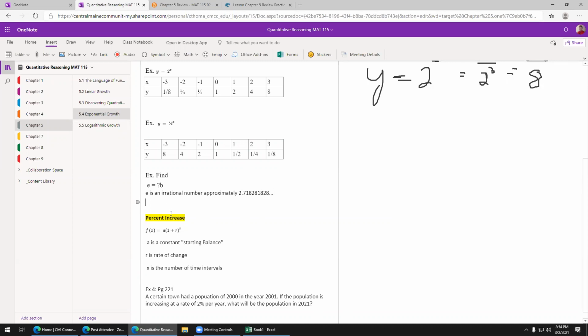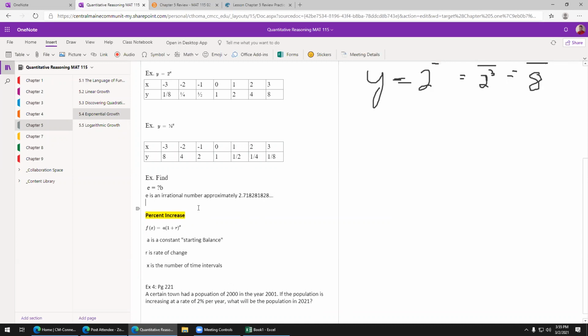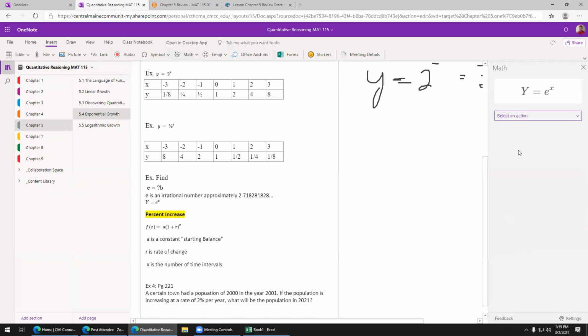So if I create this so we can graph it real quick, y equals e to the x. I can't go into math mode unless I open it up, I think, but we'll see if it'll let me. Oh, it did. Graph in 2 dimensions. I don't know why it didn't.